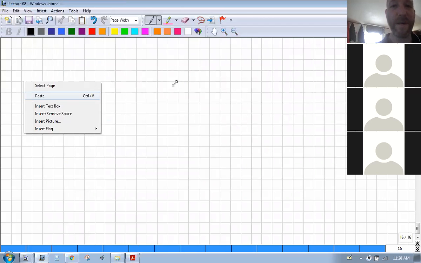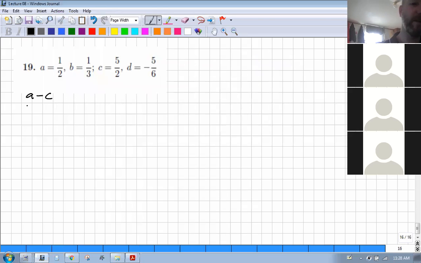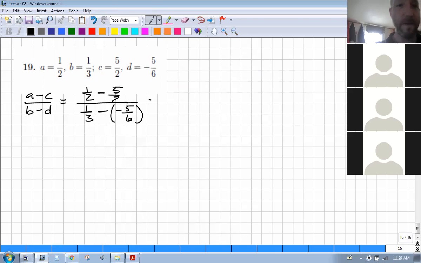Now, what if we have a bunch of crappy fractions? A minus c over b minus d. A is 1/2, put the minus. C is 5/2. B is 1/3 minus. D is -5/6. So on the top, it's easy because we have a common denominator. It's 2. So this is going to be 1 minus 5 over 2.